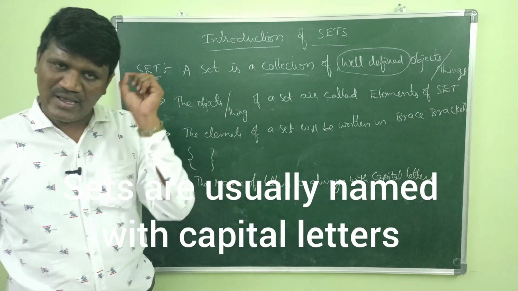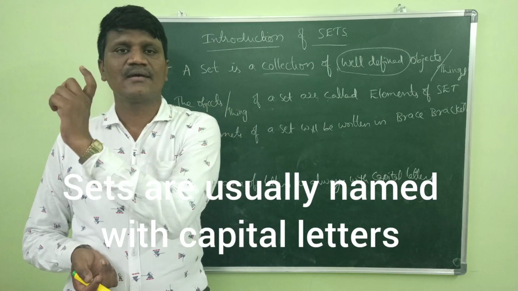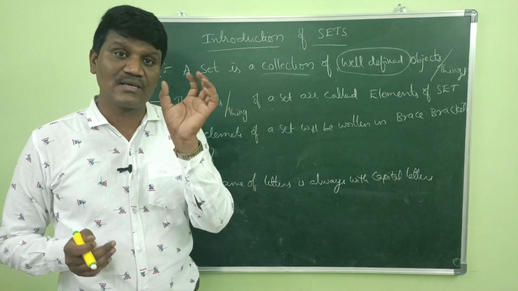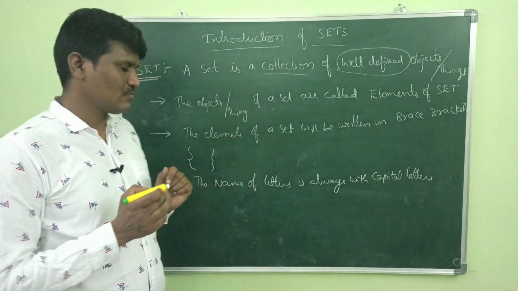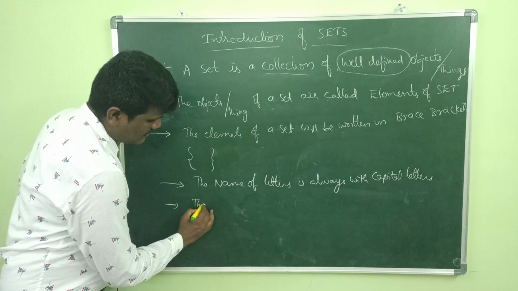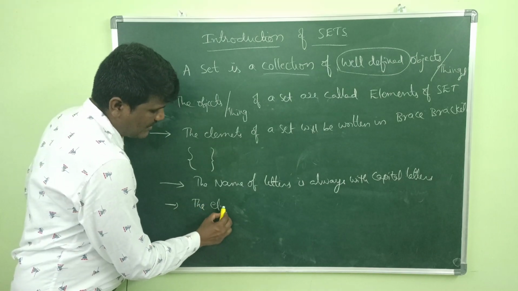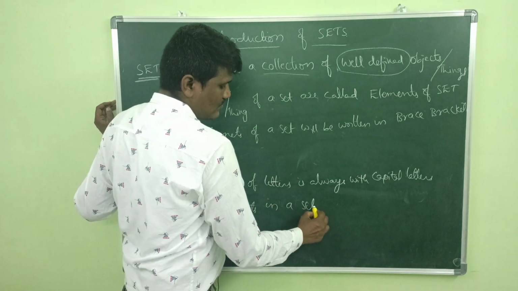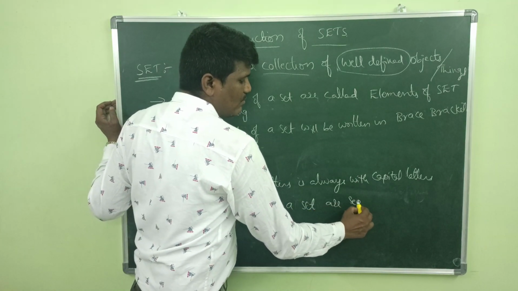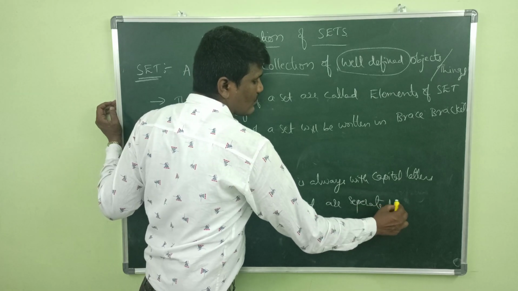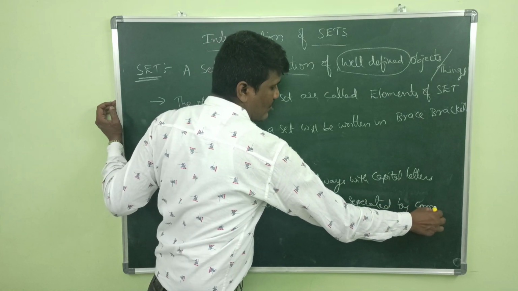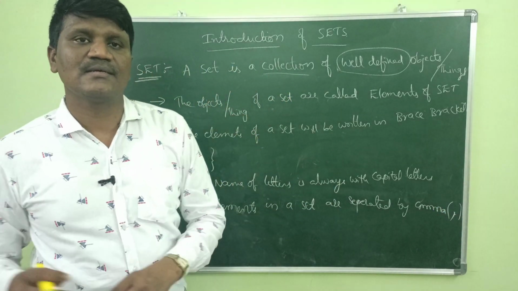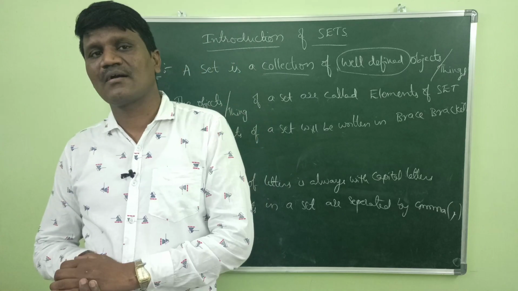So we will name every set with capital letters, and the elements in the set are separated by commas. The differentiation of every element in a set is with the comma.